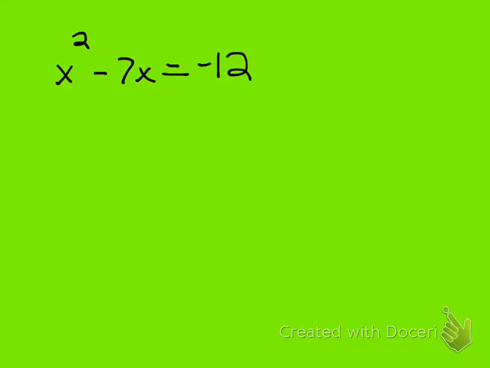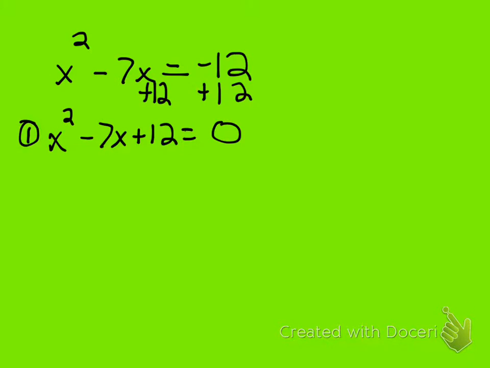Okay, remember what the first step was. You must make sure that your equation is set equal to 0. So in order to set this equal to 0, I need to move everything over to the left side. That means I need to add 12 to both sides. And I now have x squared minus 7x plus 12 equals 0.